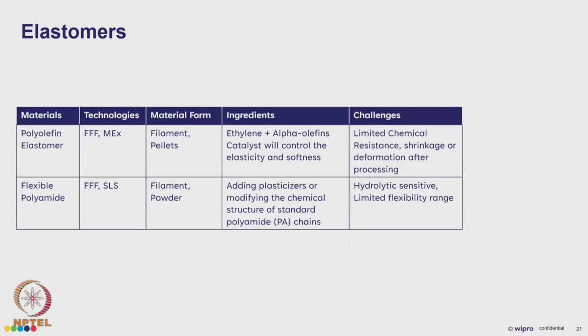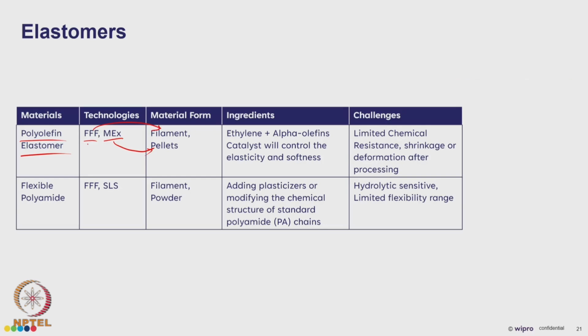The next material here is polyolefin elastomers, where the technology is FFF and material extrusion. Here again we have the material form as filament for FFF and pellets for material extrusion.